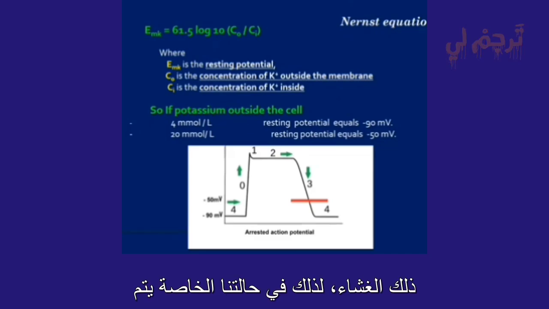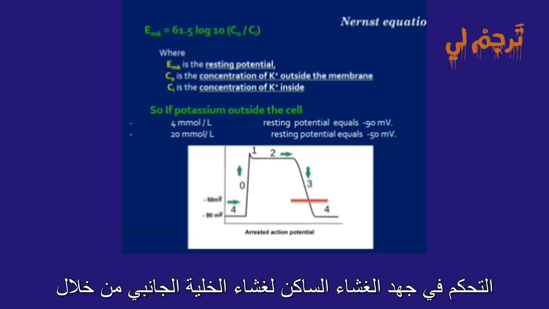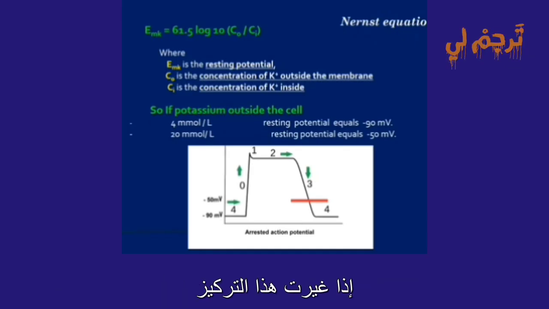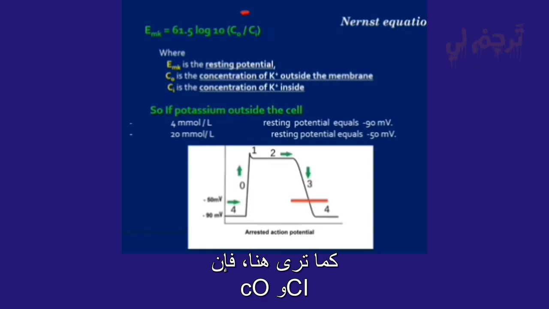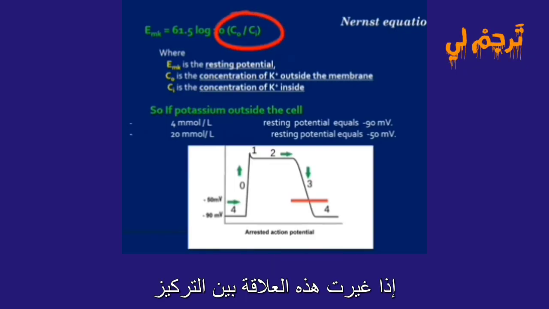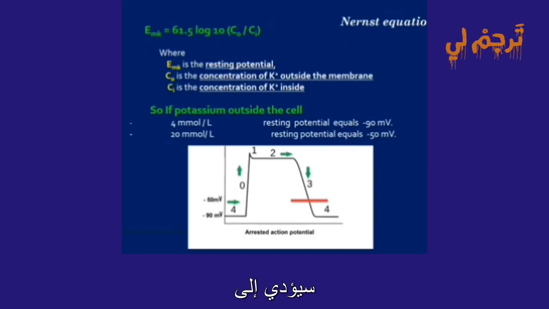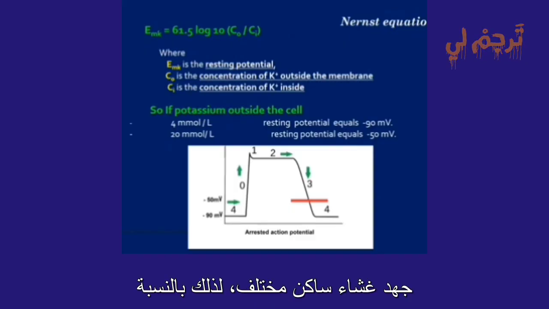So in our particular case, the resting membrane potential of the myocyte cell membrane is governed by the ion concentration on either side. If you alter this relation between the concentration outside, C0, and the concentration inside, Ci, you will lead to a different resting membrane potential.